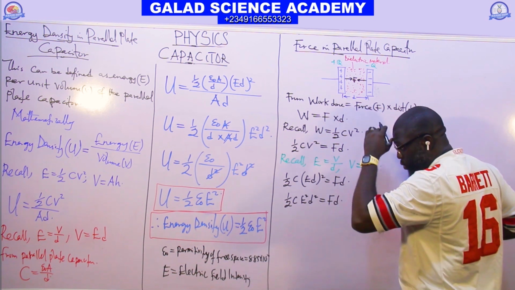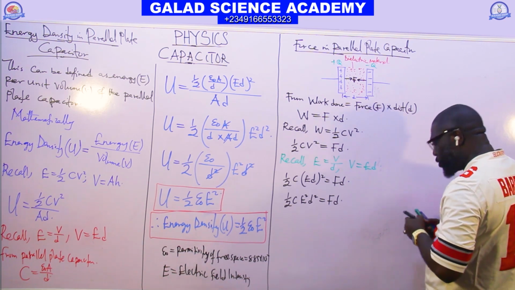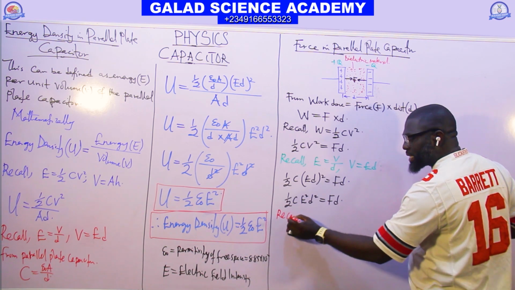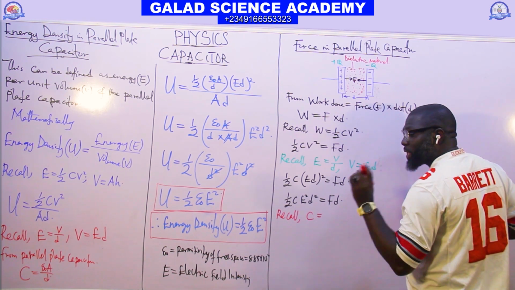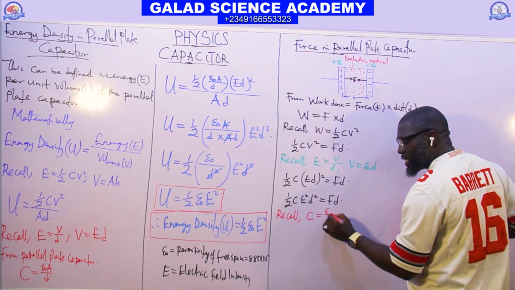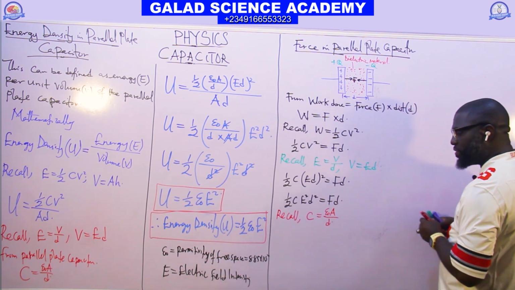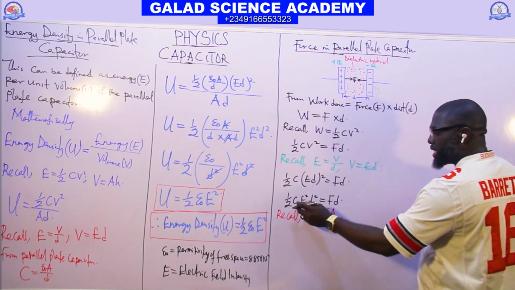Good. And again, we can also recall from the parallel plate capacitor that C is equal to the formula for the parallel plate capacitor, which is epsilon naught A over D. If that is the case, I can substitute for C here.